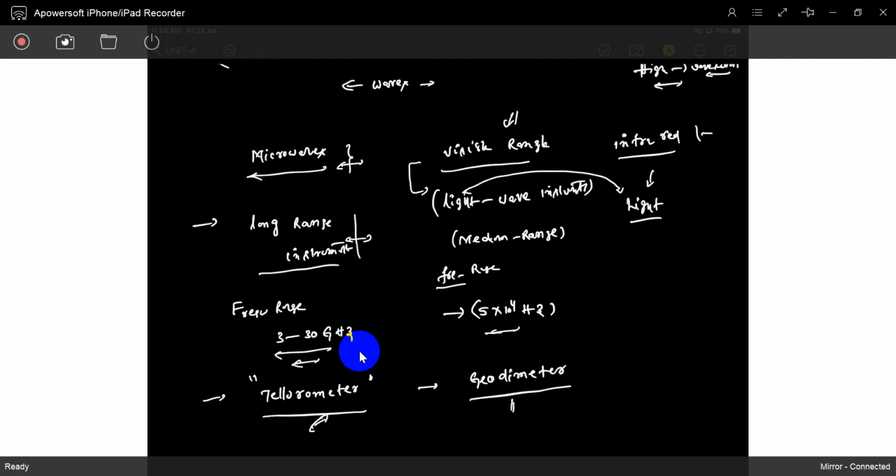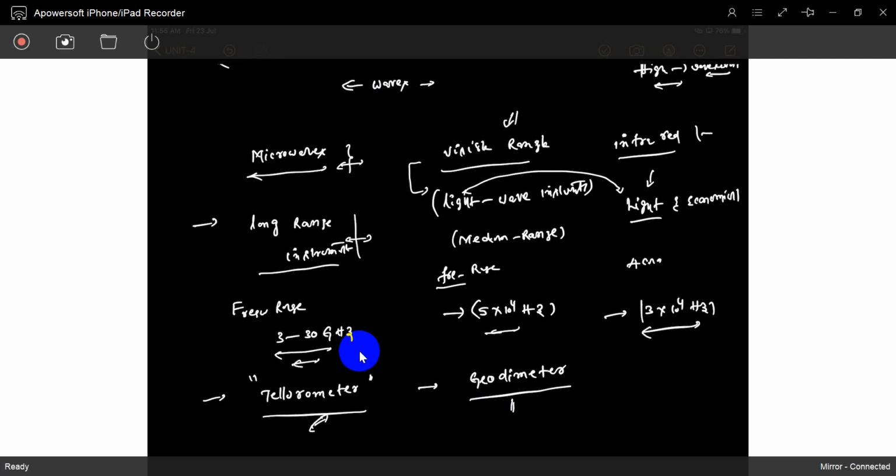Okay, light and economical. Now accuracy. I will put the frequency range, which is 3 into 10 power 4, as I already said.